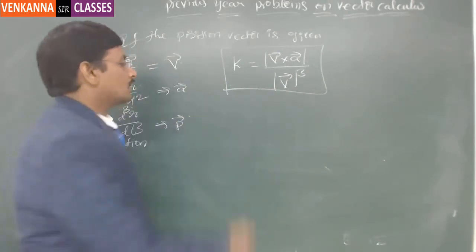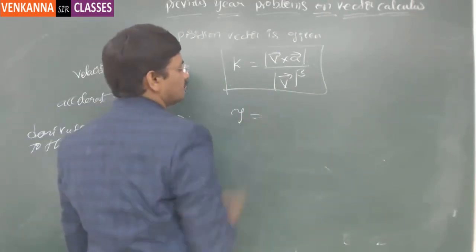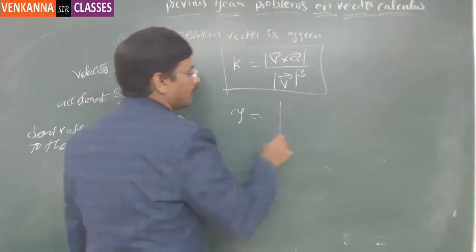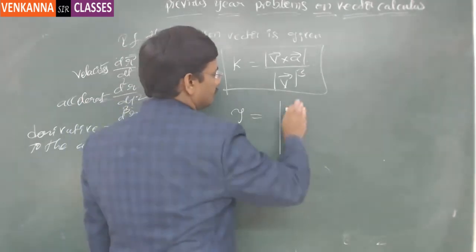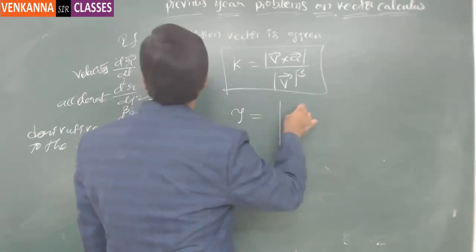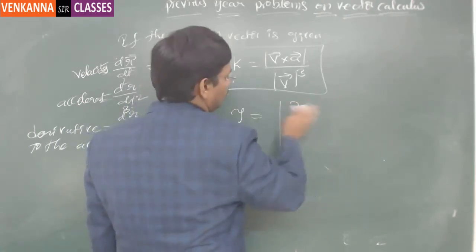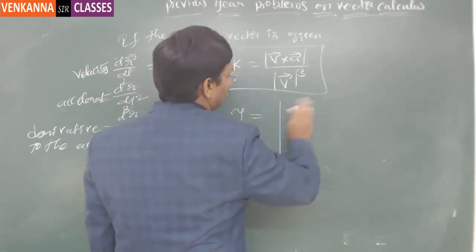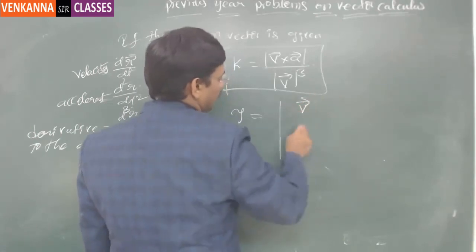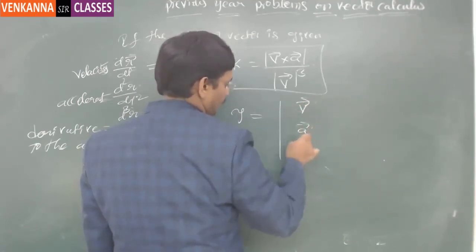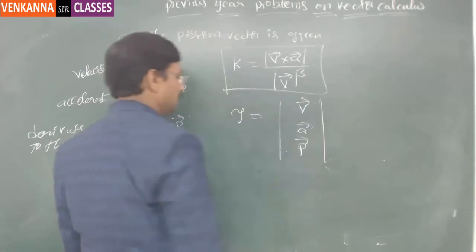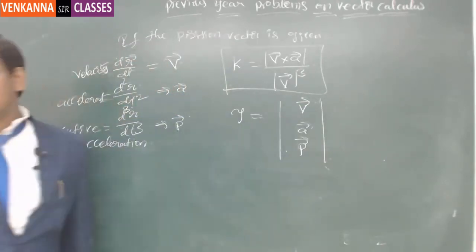Similarly, the torsion value tau you get as follows. This is the velocity vector dr by dt, so this is the v vector, a vector and p vector. For this you have to find the determinant of it.